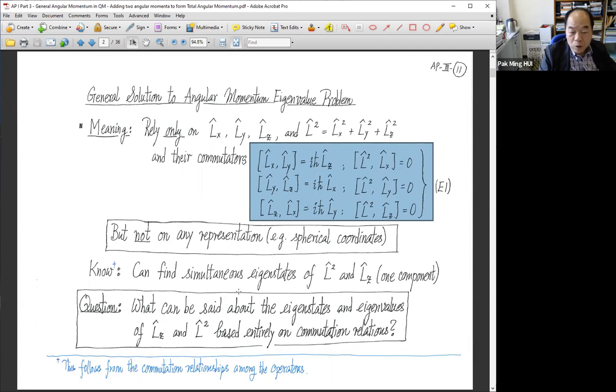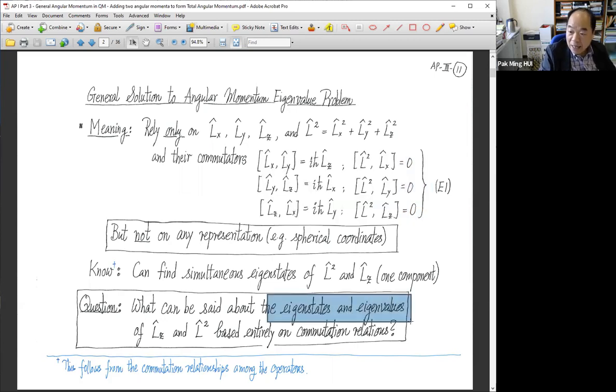What will be the allowed form of the eigenvalues and eigenstates? Now, that is a very general question. Okay? We will not represent it as theta phi derivatives. We don't want to. We want to do everything based on commutators.